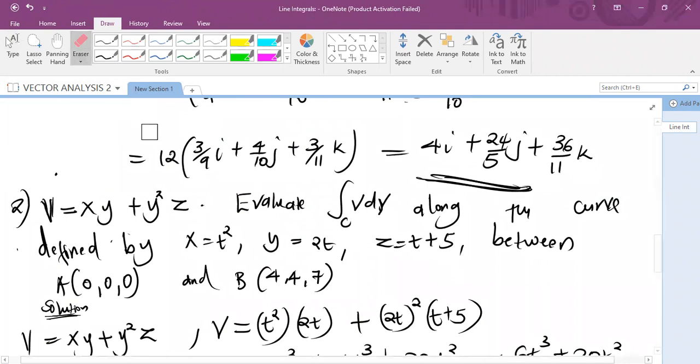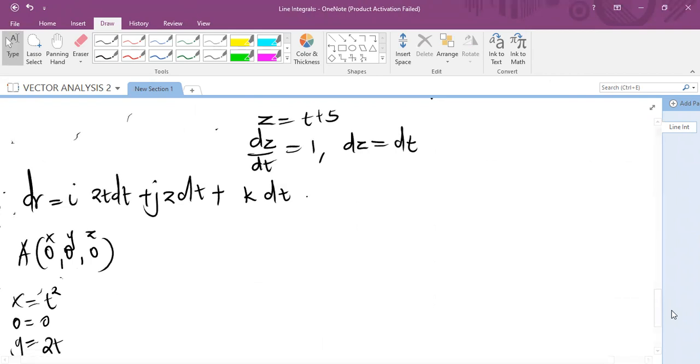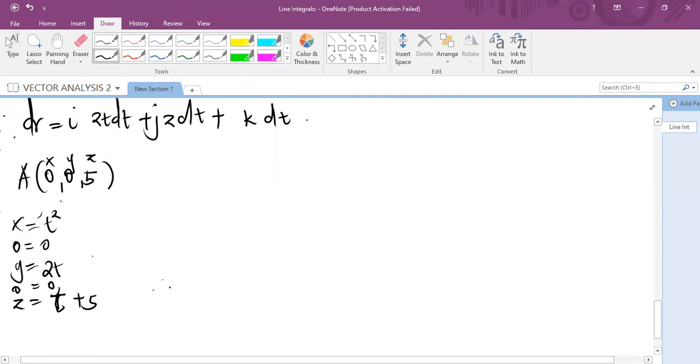The value of A is 0, 0, 5. That's how the question is. So if you replace the value of Z with 5, you will obviously get your t to be equal to 0. So all this just translates to t is equal to 0.